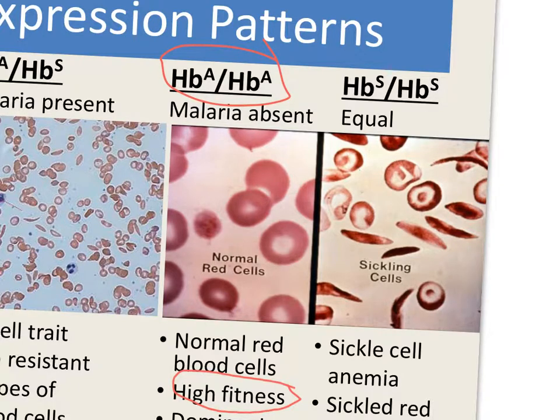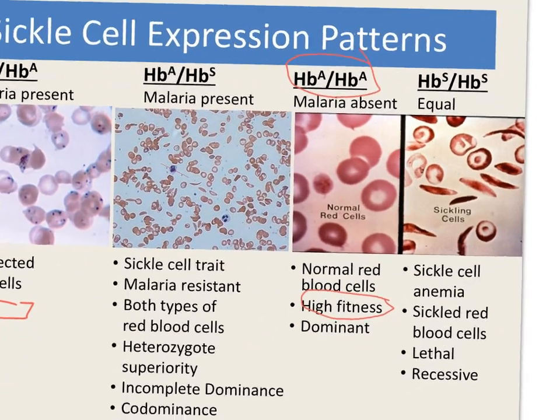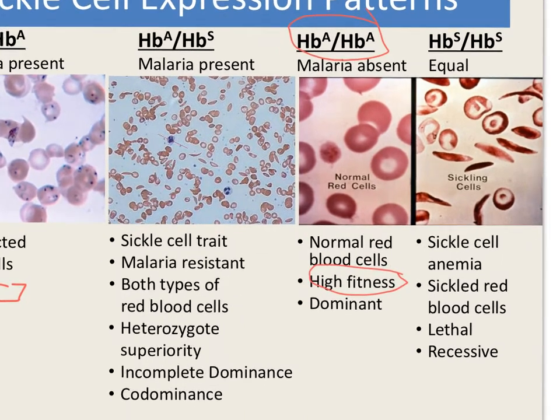And then finally, what actually happens with HbA, HbS, the heterozygote, is you have a malaria-resistant phenotype. That means malaria parasites have a hard time invading the cells.